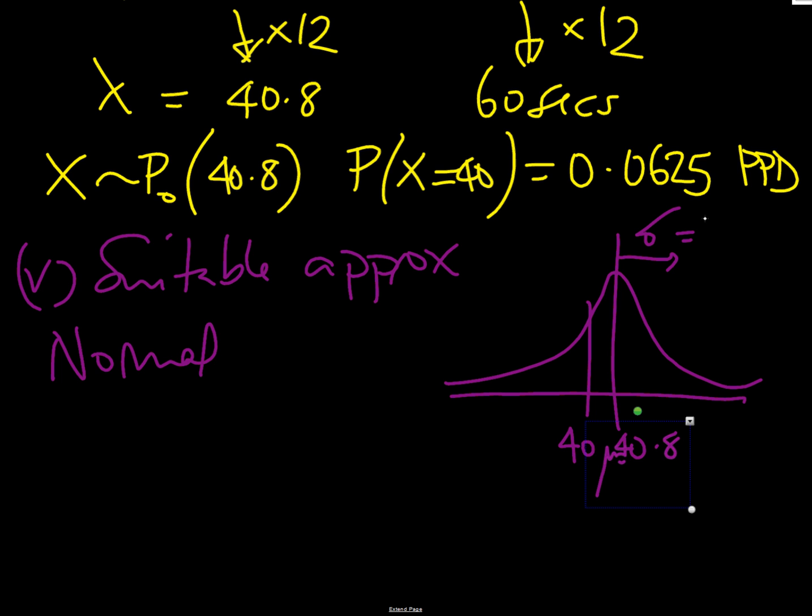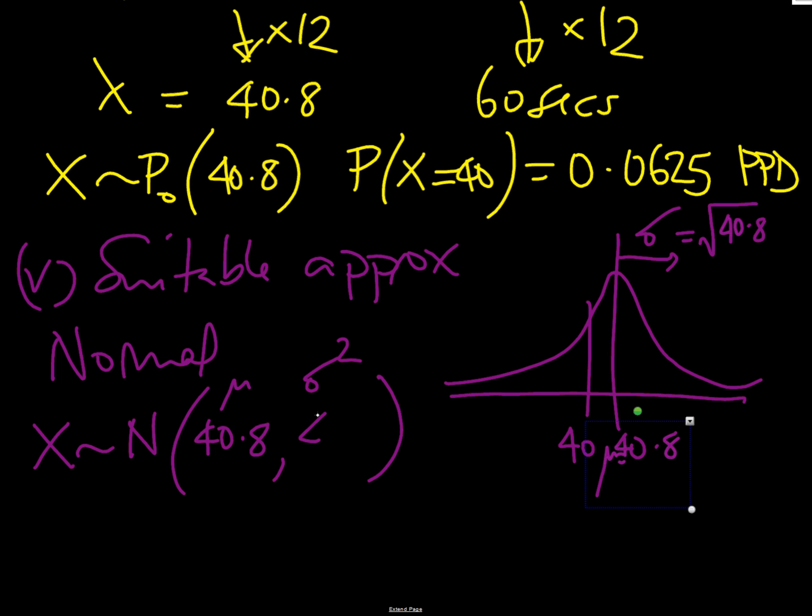Standard deviation is the square root of 40.8. So if we were approximating with a normal, we need two things: the mean, that's 40.8, and our sigma squared, so our life's easy with 40.8.